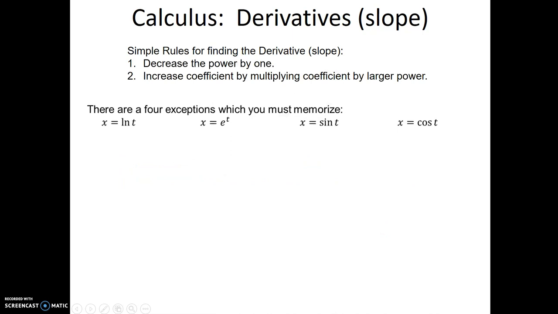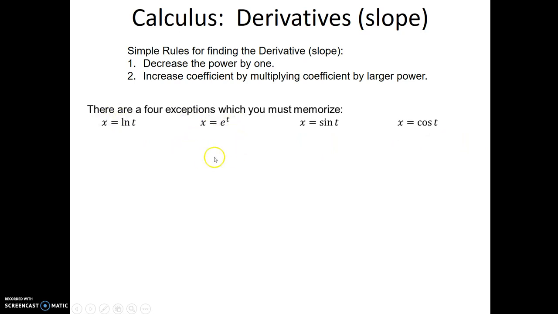Now there are a couple exceptions to this, or 4 exceptions. Really in E and M, the only 2 that are really important for us are natural log and e to the t. You might come across sine of t and cosine of t, but mostly these are the important ones right here.